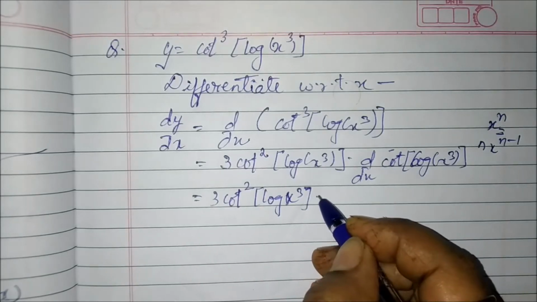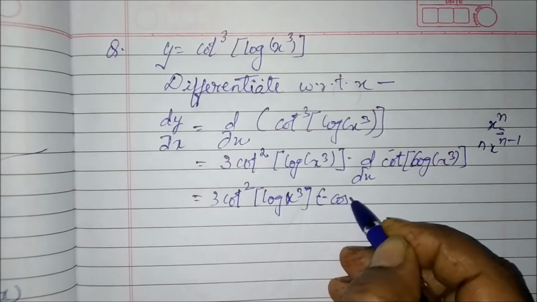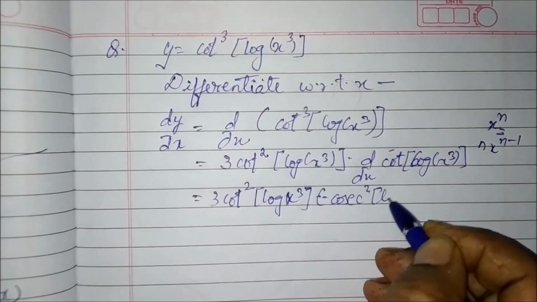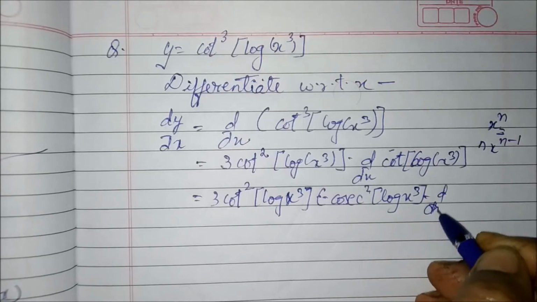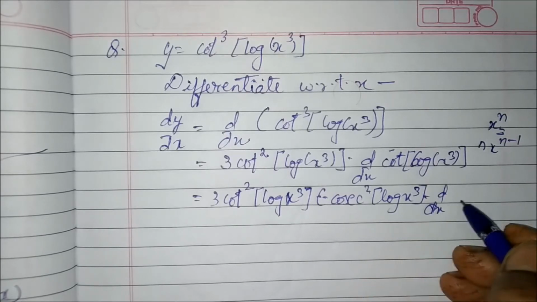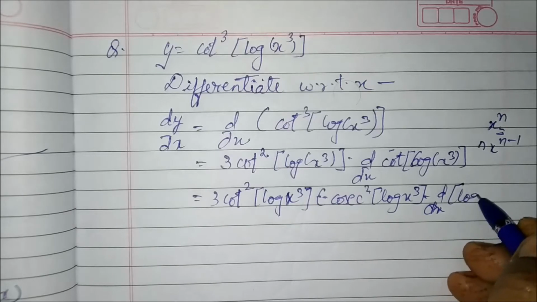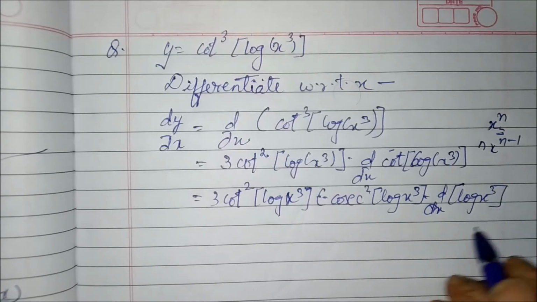Now 3 cot square log of x cube into, the derivative of cot is minus cosec square log of x cube, into again the derivative of log of x cube.